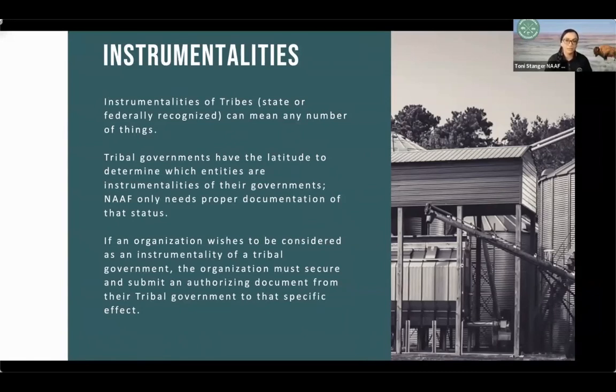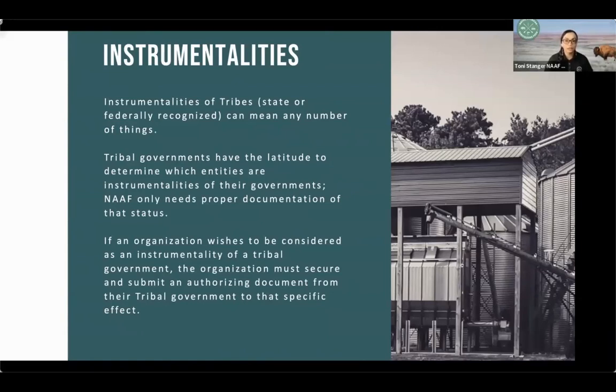We've had instances in the past where an instrumentality has applied without the consent of the tribe, and then we had issues finalizing the grant agreement. So make sure that the instrumentality is communicating with the tribe, that we have some form of documentation on eligibility, but also that the tribe has agreed to allow the instrumentality to apply.